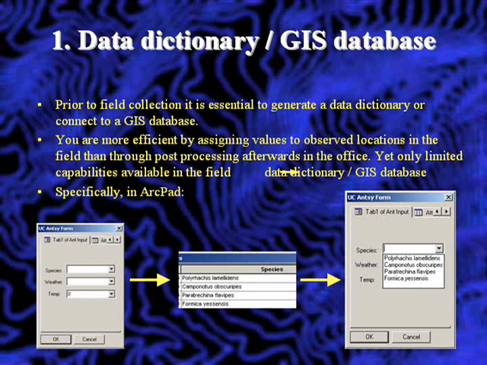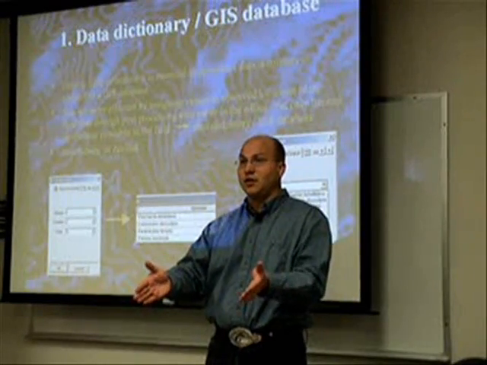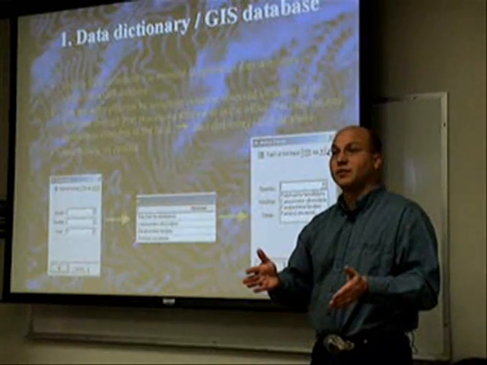So we'll start with the first one, which is Data Dictionary GIS Database. Prior to actually going out, it is important that you create that data dictionary or a GIS database or a lookup table. Why is it that important? Well, you're much more efficient if you actually connect what you collected out there to your point locations out in the field.